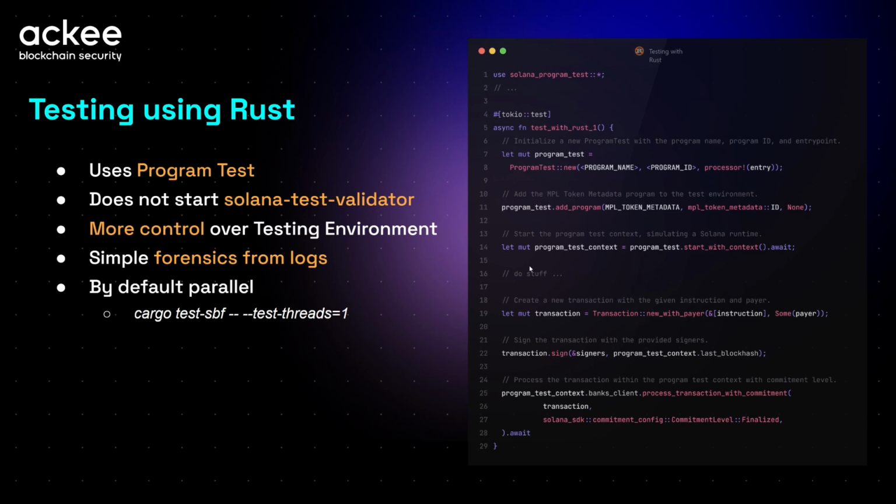Then the next part is you start the environment, and now you can do stuff, as I called it. Behind this you can basically create the instructions, input the data into the instructions, input the accounts into the instructions. Then you create the transaction, new with payer, with the instruction you defined within the previous steps. You can again check the examples for how it's done.